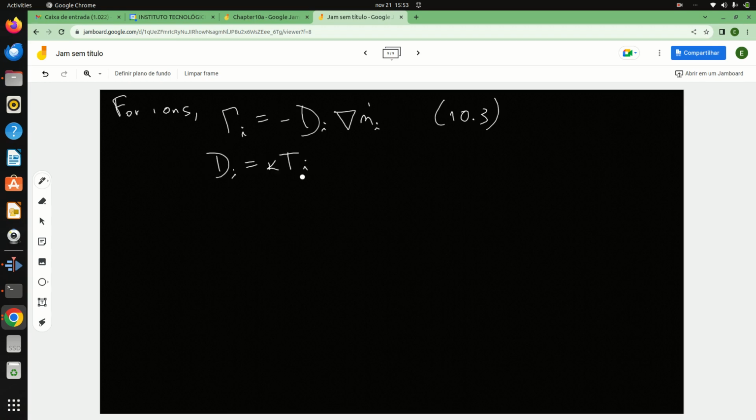For ions, you have gamma ion equal to minus the same thing, just changing E to I. This is the ion free diffusion coefficient.